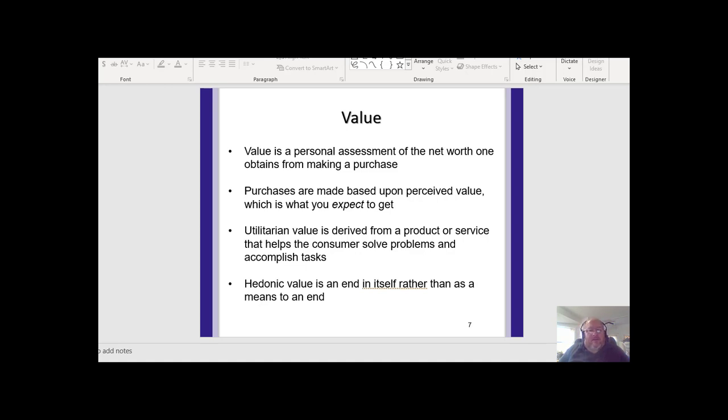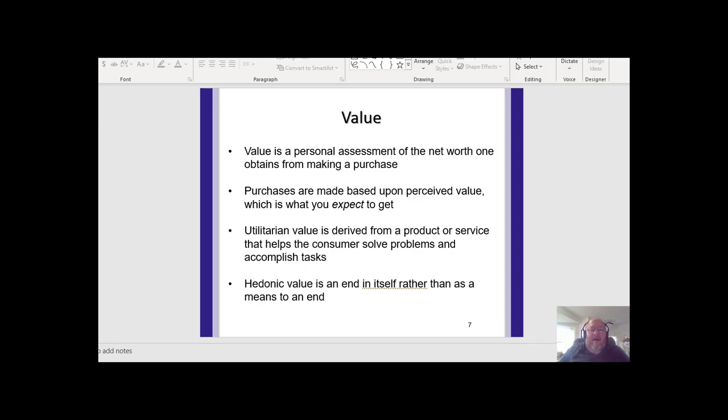And of course, it's based upon a perceived value, utilitarian value, as well as hedonic value. Each of these are different because, of course, perceived value is what we expect to get. When we buy something, we expect a certain value. Whether we're buying high end, low end, do we look for quantity, quality, price, deals.